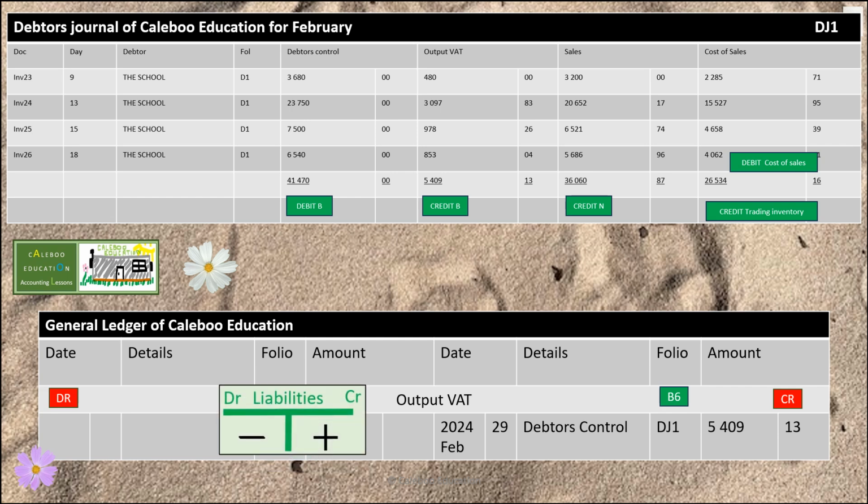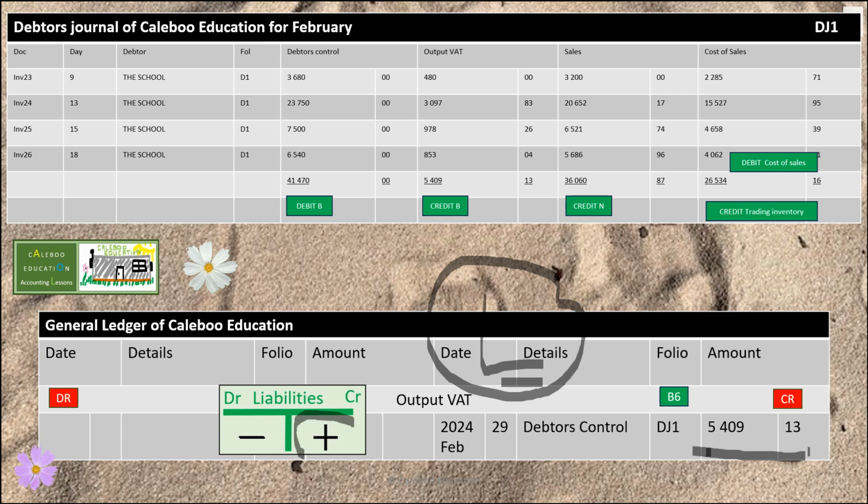Output VAT. If I categorize output VAT, it's a liability. We owe this amount of money to the revenue services. Output VAT, we are liable to pay the revenue service that amount. A VAT return is done at least every 2 months in the country I am in.